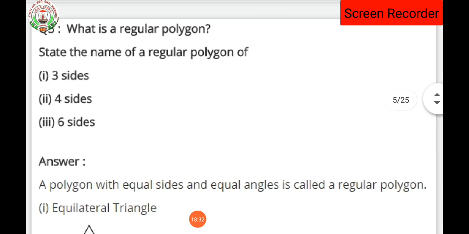What is a regular polygon? Here it is asking about the definition of a regular polygon.